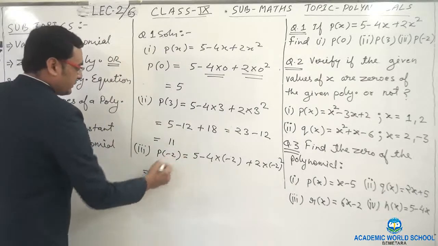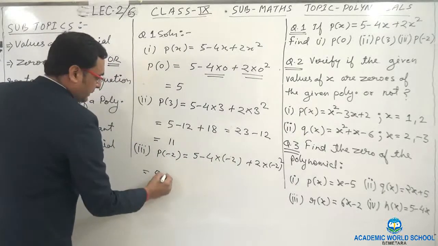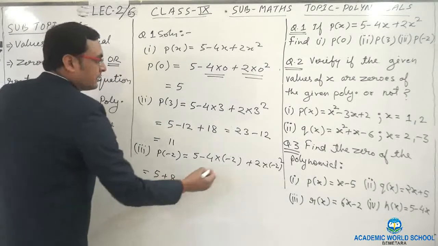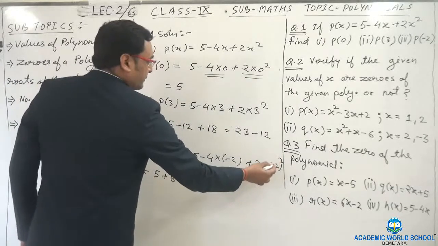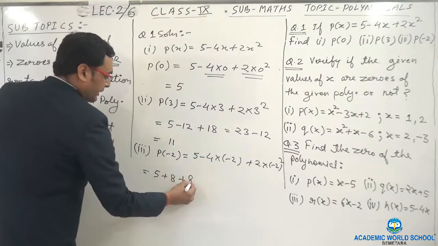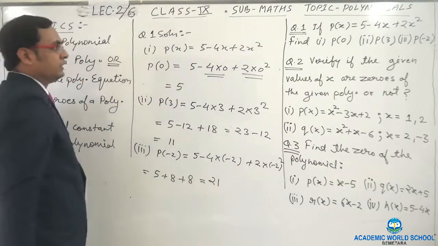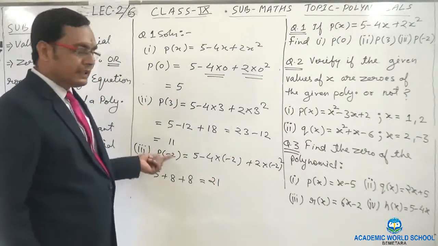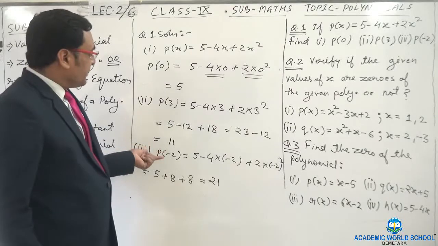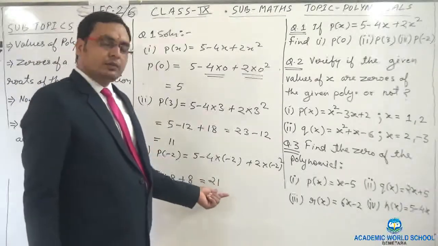Solve it. 5 as it is, minus 4 into minus 2 is plus 8, minus 2 square is 4, 4 into 2 is 8, 8 plus 8 is 16, plus 5 is 21. So at x equal to minus 2, p(-2) will be equal to 21.